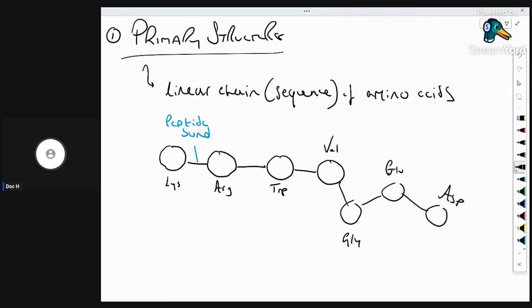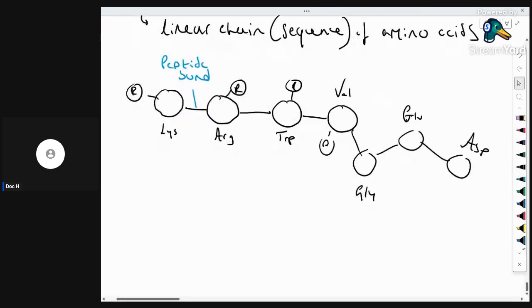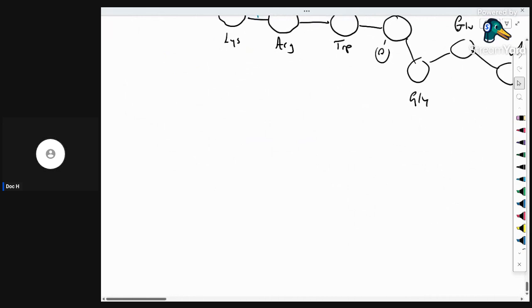Of course, I'm drawing the amino acids as blobs. They are the chemical molecules we came across last time, and they've got R groups sticking out. Don't forget, we've got different R groups. Some of them might be positive, some of them might be negative, etc. So fairly straightforward, I hope.